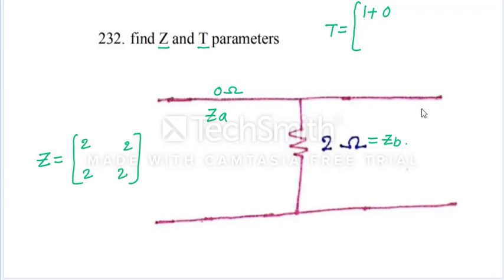Next ZA, this is 0, 1 by ZB, next 1, isn't it? Like this we can find this parameters.